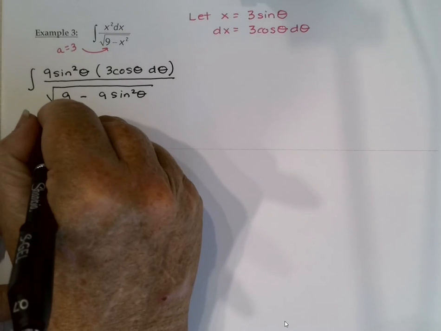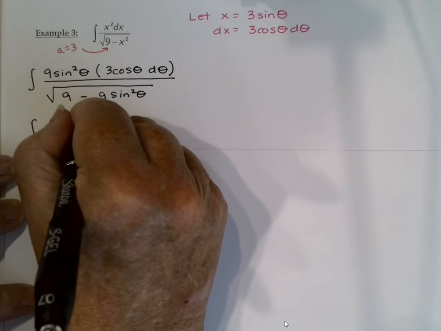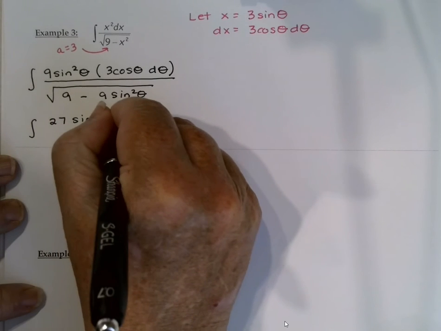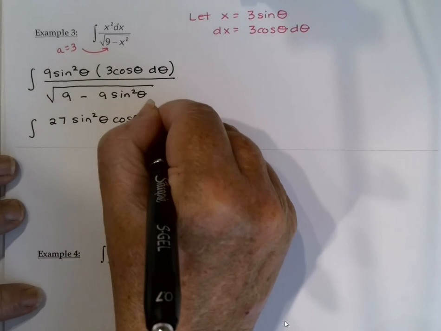All right, the numerator is 27 sine squared theta cos theta d theta.